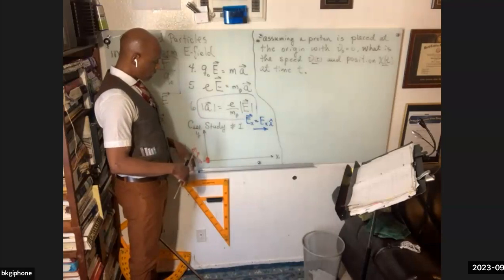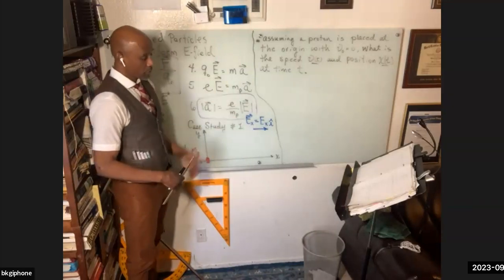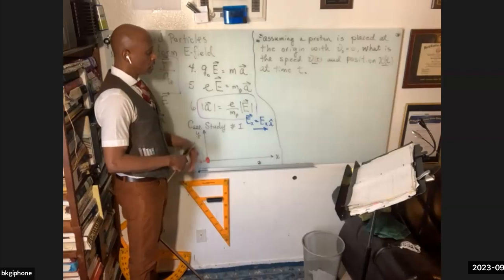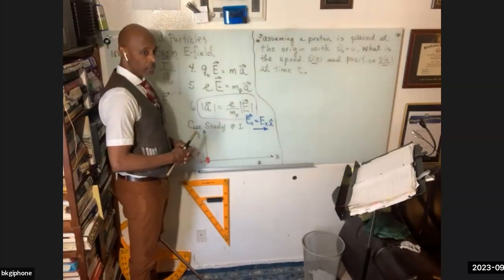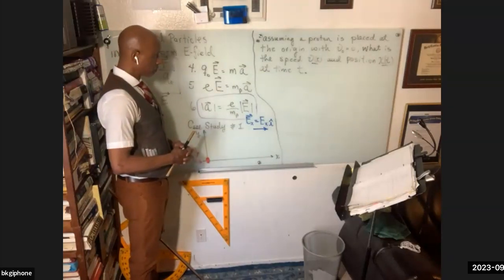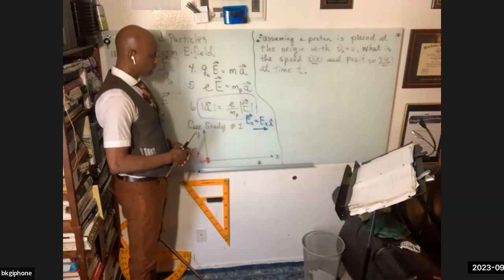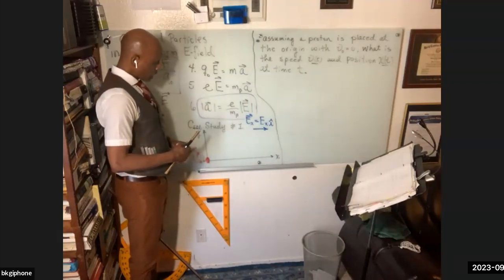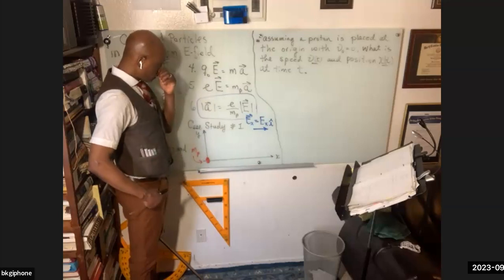So the positive charge is moving along the direction of the field, away from the positive charges, which are the origin of the electric field. You'll see that a little bit more clearly when I illustrate this from the point of view of a capacitor. At any rate, we have this.